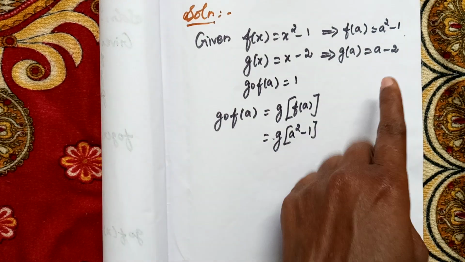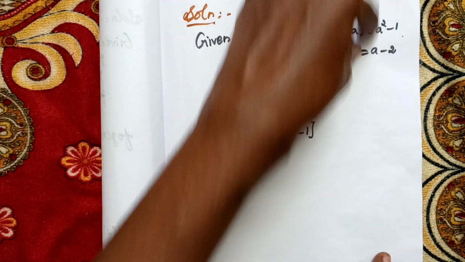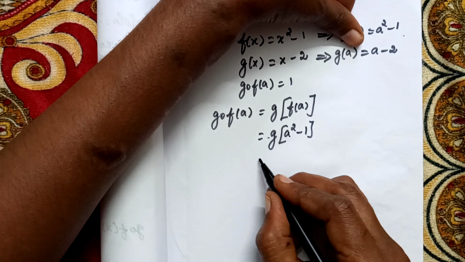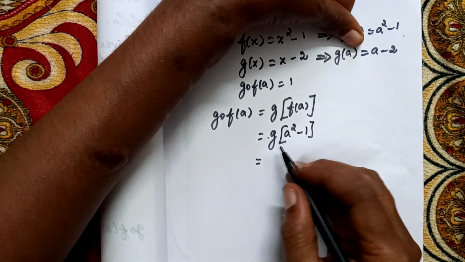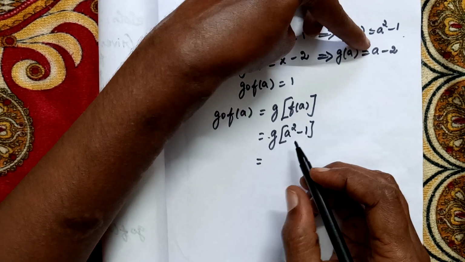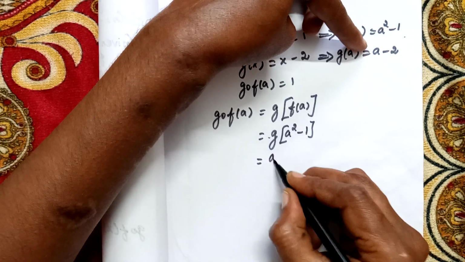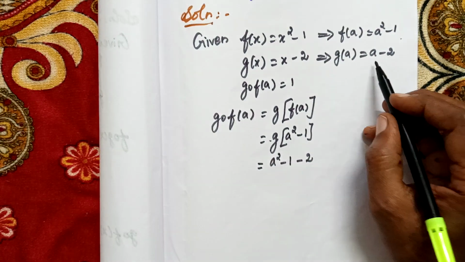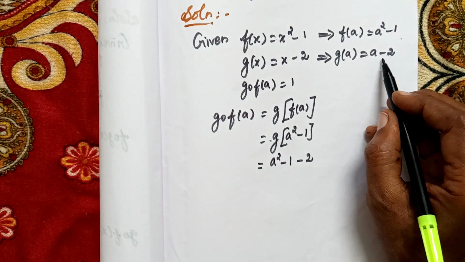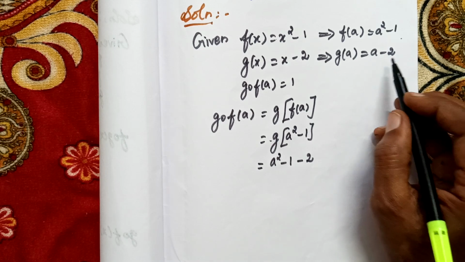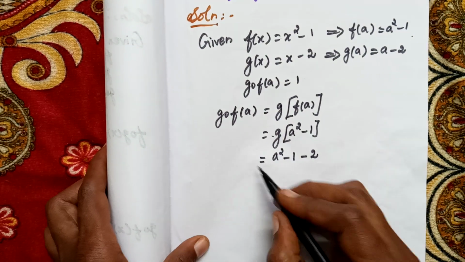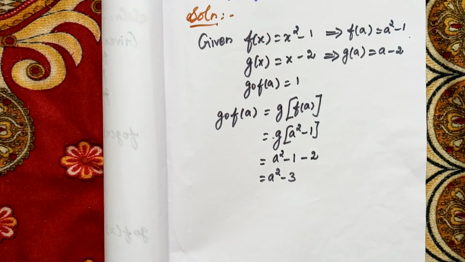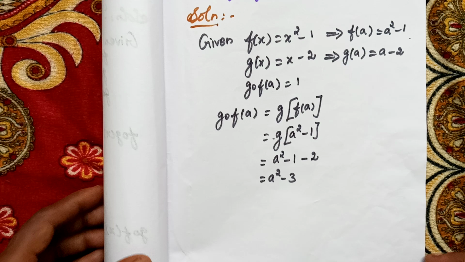G of a square minus 1 means in this a in place, we have to replace a square minus 1. So a square minus 1 minus 2. It's equal to a square minus 3. Clear?